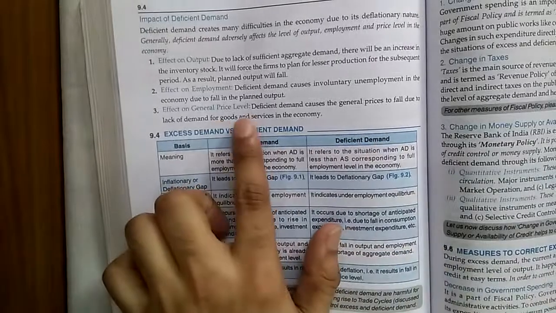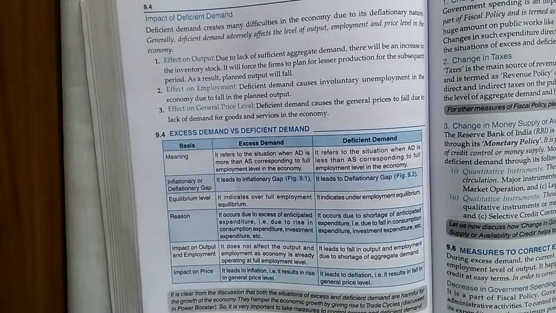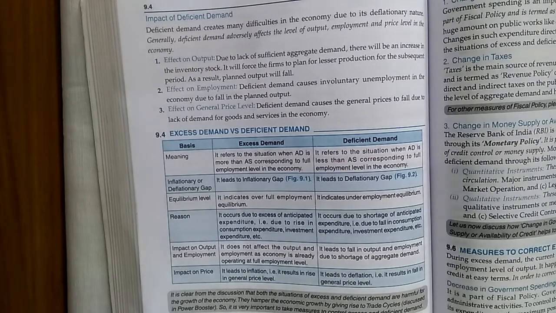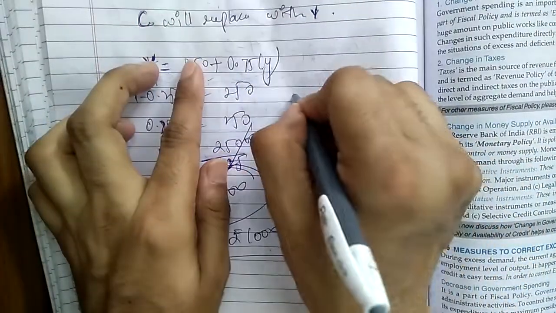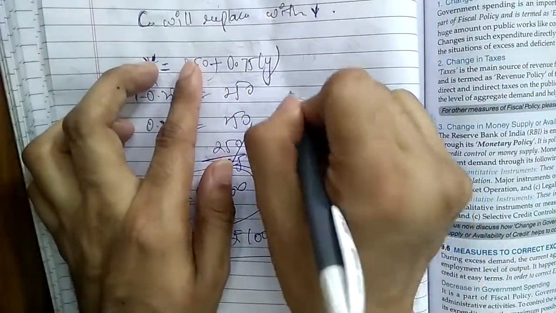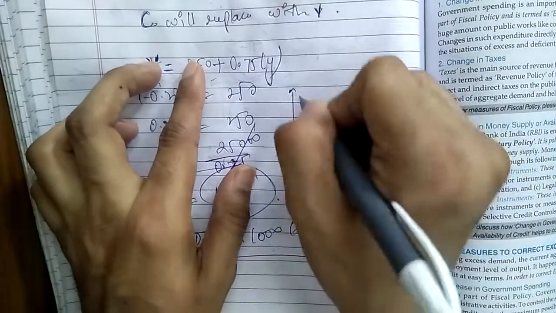Fine. Effect on general prices. The general prices ultimately fall just because we have ample goods available in the market. Fine. As you already know, demand is getting less. Like you make a diagram like this. Please go through this over here. You have drawn demand like this in class 11th.